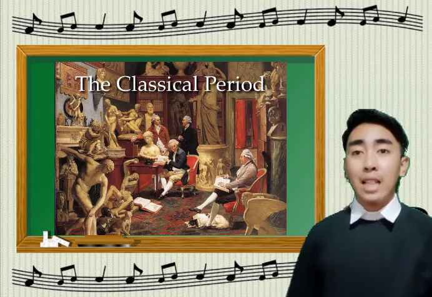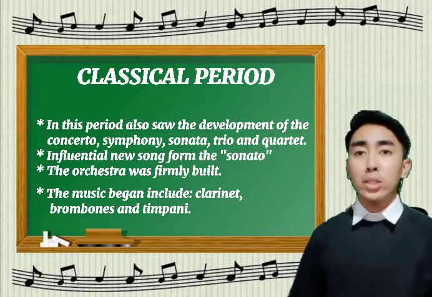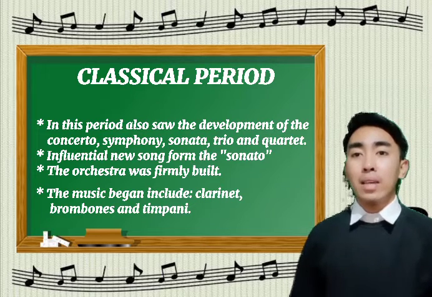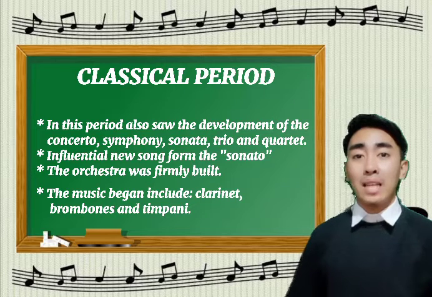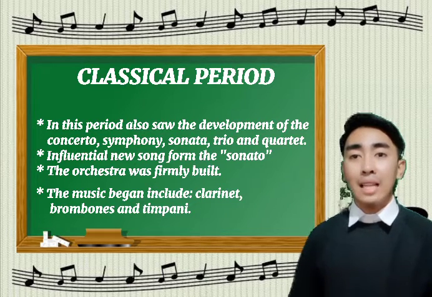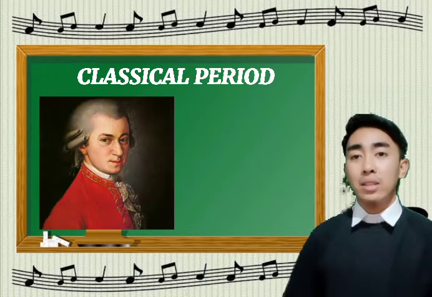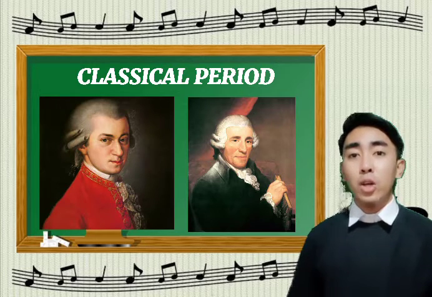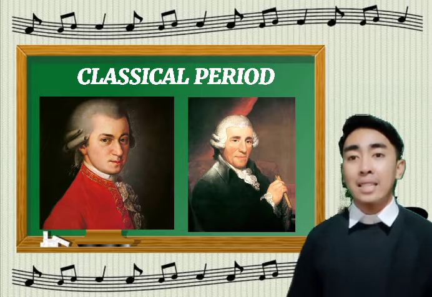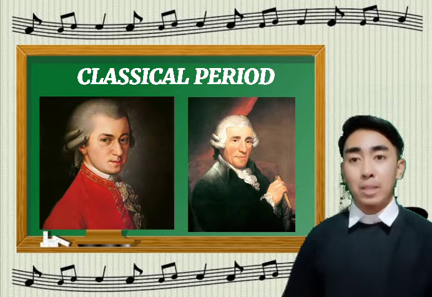Next is the Classical period. This period also saw the development of the concerto, symphony, sonata, trio, and quartet. The sonata was an influential new form. The orchestra was firmly built. The music began to include clarinet, trombones, and timpani. W.A. Mozart and J. Haydn dominated in this era by writing and performing hundreds of pieces in a rather small time span.